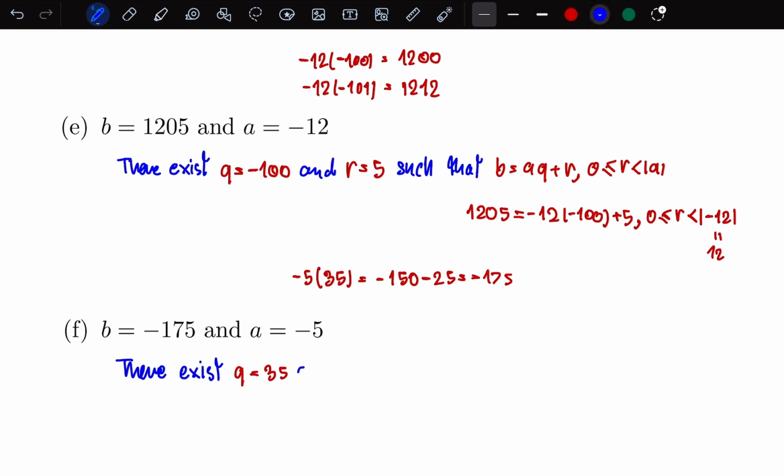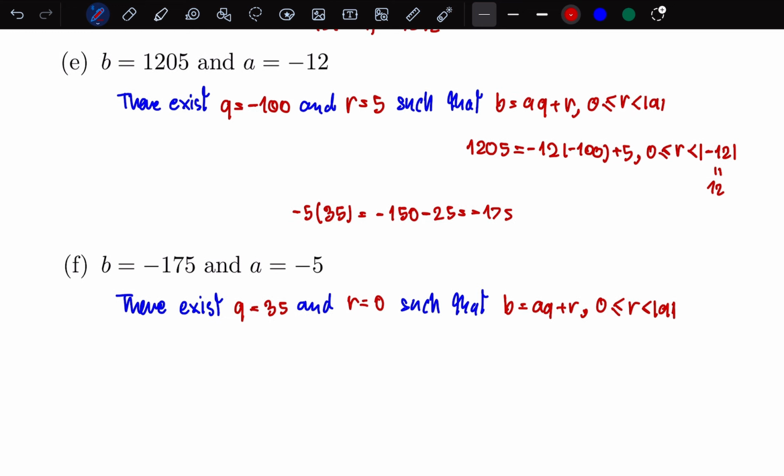Okay, and the remainder is 0, such that it satisfies this equation B equal to AQ plus R, where R is greater than or equal to 0, less than absolute value of A. B is minus 175, A is minus 5, Q is 35, plus 0. Okay, and the remainder being 0 satisfies this inequality. Okay, and R is less than absolute value of 5.